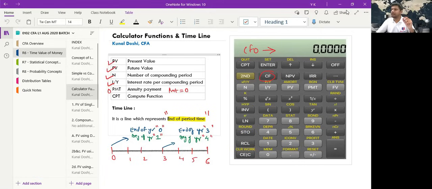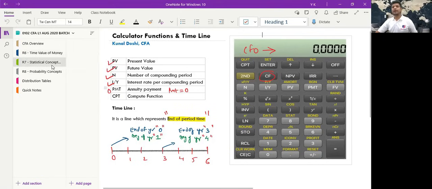Is there any number? If there is any, it is better to always press second clear, second clear, second clear. Correct, everyone? Now let's go to our data.